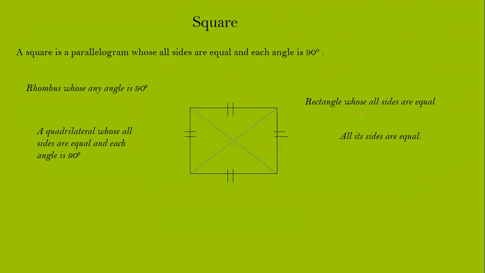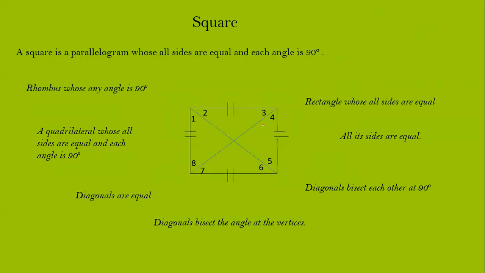So if there are diagonals, again the diagonals are bisecting each other. So that is why you can see that if diagonals are bisecting over here, some of the properties of rhombus are also forming over here. What are the properties? Rhombus whose any angle is 90 degrees. This is one property which is actually making this rectangle whose all sides are equal.